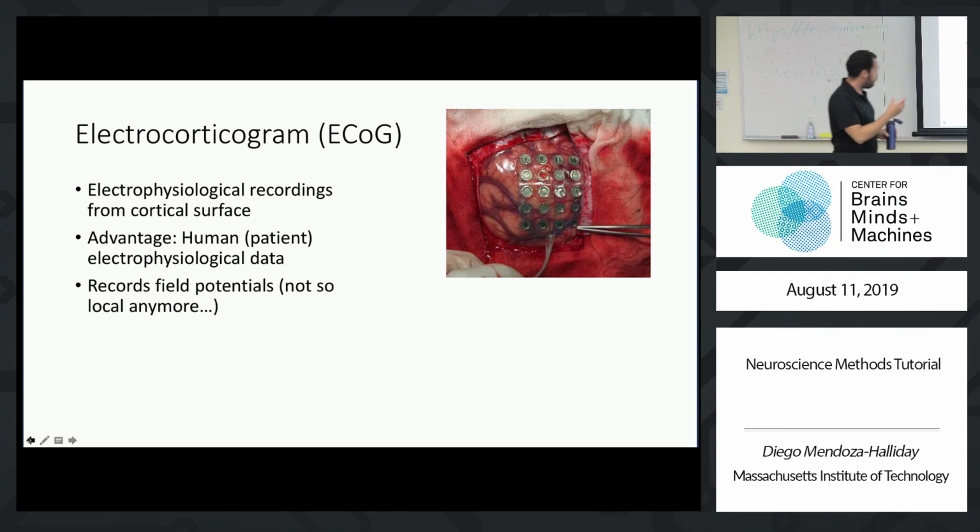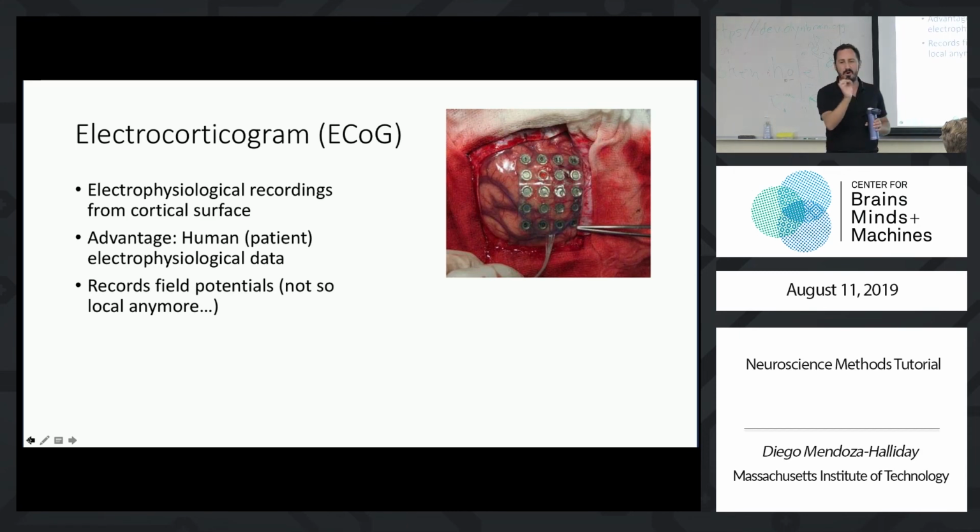And so they look a lot like local field potentials in the nature of the data, but the spatial scale is much broader, so the resolution is much less, and therefore you can't really tell apart the activity of fine-tuned populations as you can do with local field potentials. But you can do many really interesting things and capture a lot of features of brain processing and selectivity in those signals. But the analysis is very similar to local field potentials.